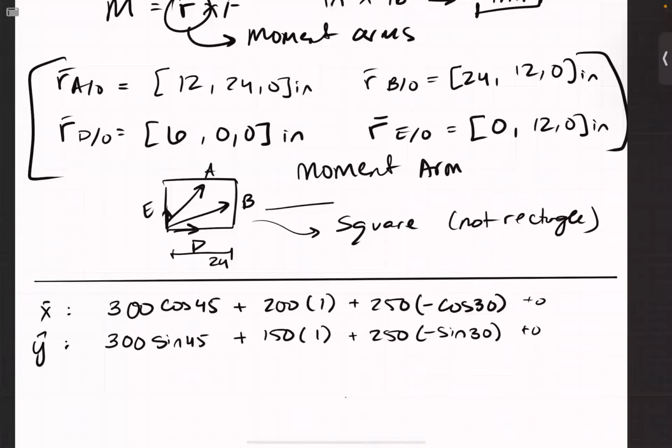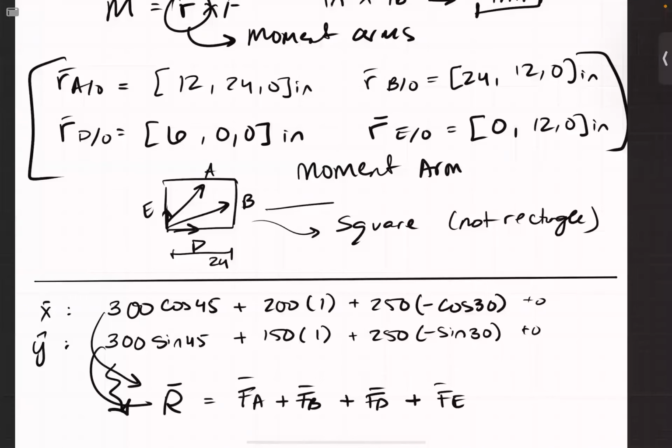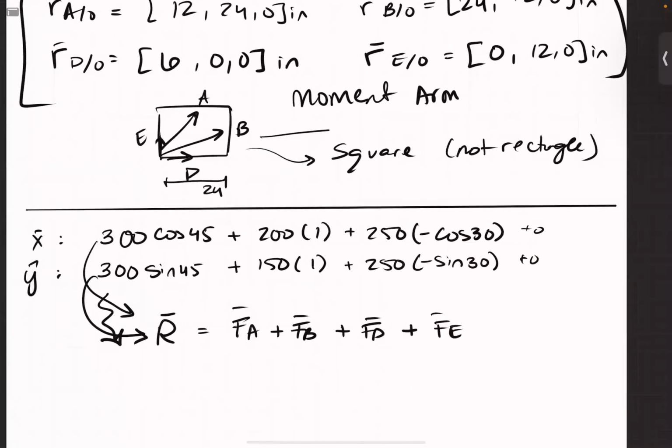Any questions so far? And this is simplified to where our resultant vector, I guess I should have written out the original equation. My bad. F of A plus F of B, adding all these together, F of D plus F of E. This is the sum of Rx and sum of Ry.